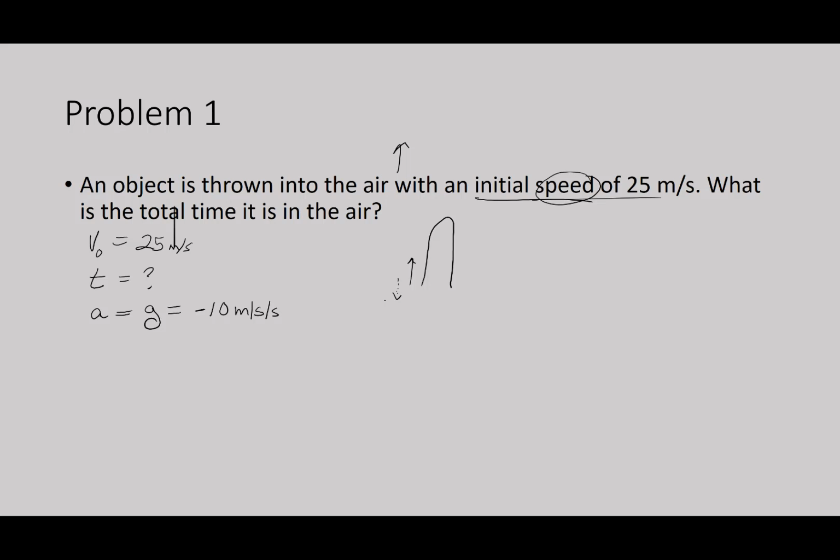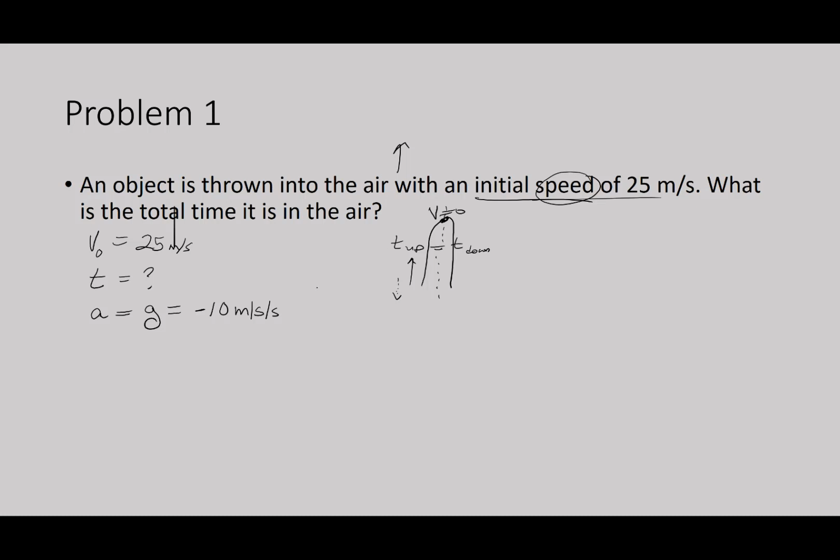All right, so because this is an object that's being thrown, we probably want to separate our motion in half. And so I know that the time going up is equal to the time going down. And then the other thing I know is that right here at the top, my velocity is equal to 0.